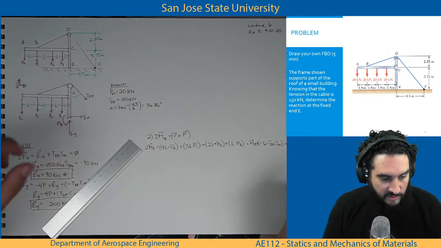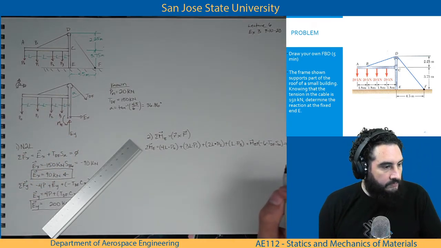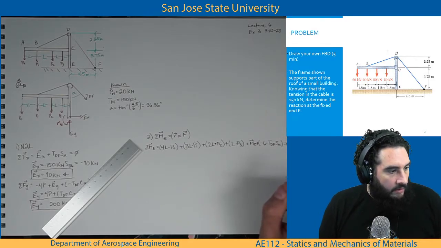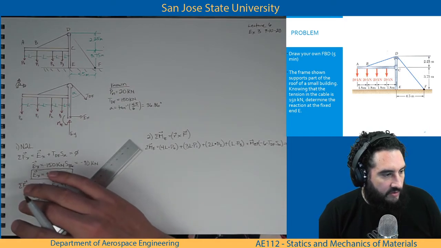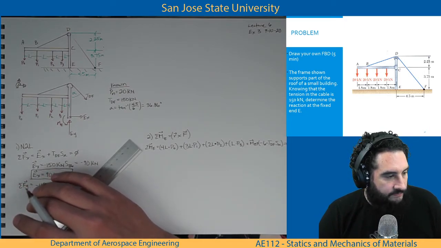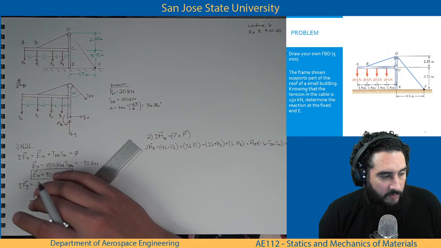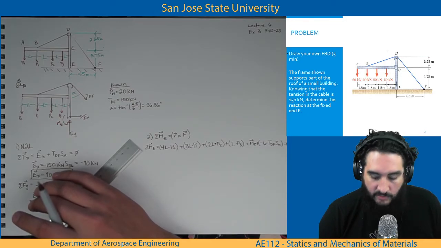Ooh, ran out of space. They're just F times D. They could be cross products, but I'm just doing multiplication.